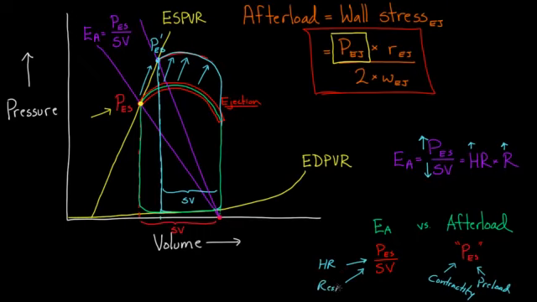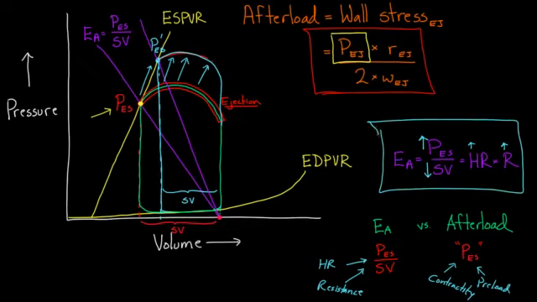So truly, when you're breaking this down, just try to keep this in mind, that the formula you want to always remember is this guy, and this will always kind of get you to the right answer. That if you are thinking about afterload, you're really talking about everything that could affect afterload, including preload and contractility, because all of those things can affect which direction this goes, because they are going to change stroke volume.